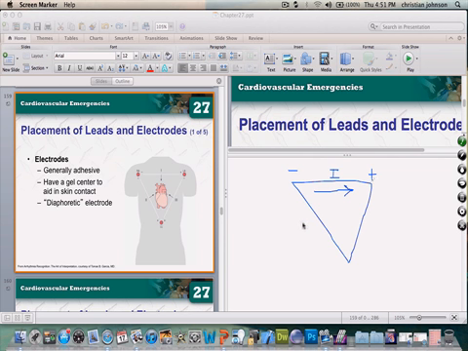Now we have lead 2. Lead 2 is going to go from right arm to left leg in a downward angle this way. The monitor is going to read lead 2 from looking at right arm to left leg. Then we have lead 3 on this side.